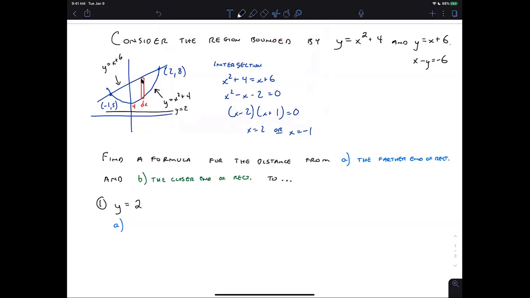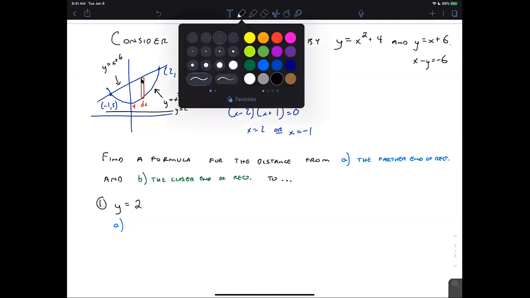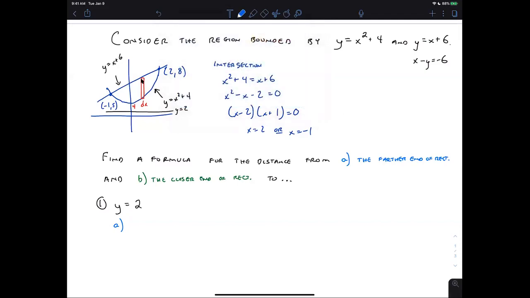Does that make sense? Okay, so when we're looking at the distance from the farther end to the line, we're looking for the distance from there to there. So is that distance vertical, horizontal, or something else? From here to here, that's vertical.